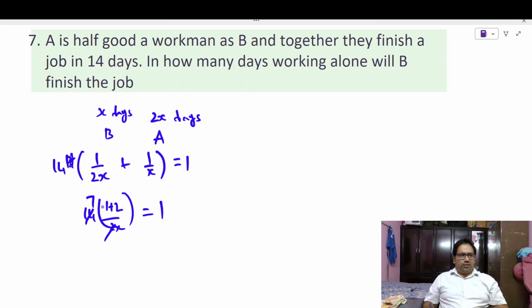Right? This is 7. 21 by x equals 1. So x equals 21. If B alone does it, he does it in 21 days. If A does it alone, he does it in 42 days. Understood? Together they are completing it in 14 days. This is such an easy problem.